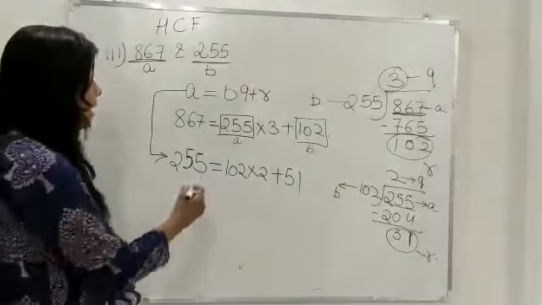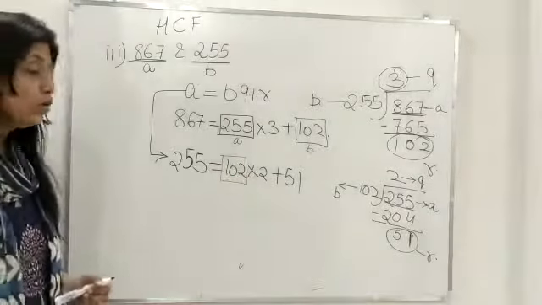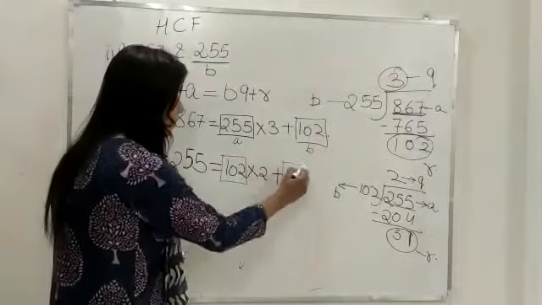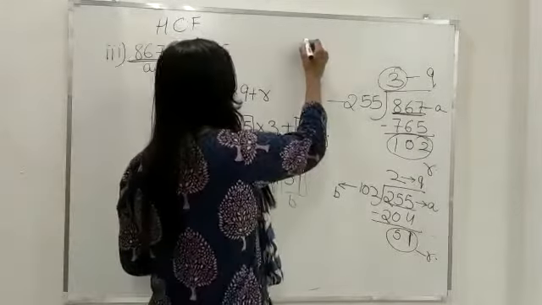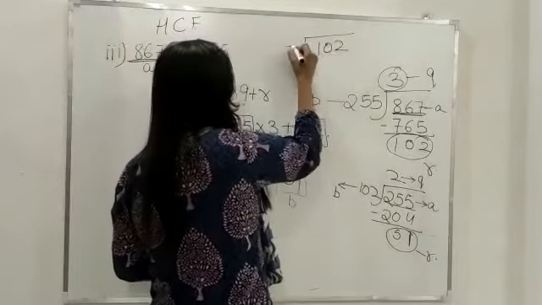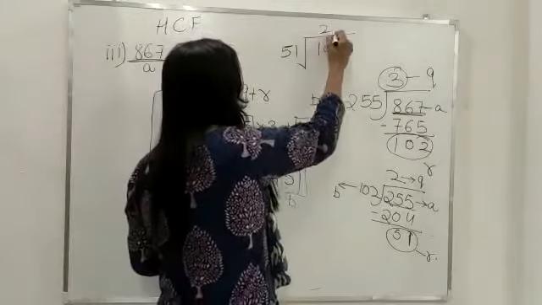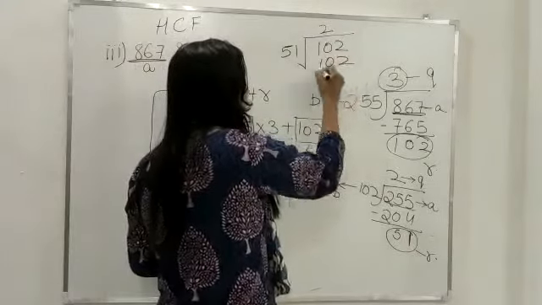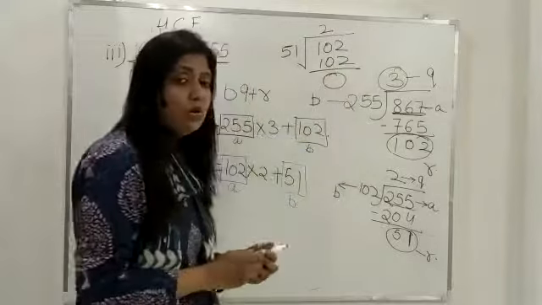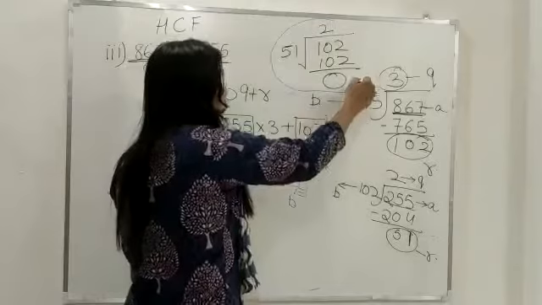Again I will apply Euclid's division algorithm on 102 and 51. So let's divide 102 by 51. So 51 times 2 will be 102 and your remainder will be 0. So in this step, you are getting your remainder as 0.